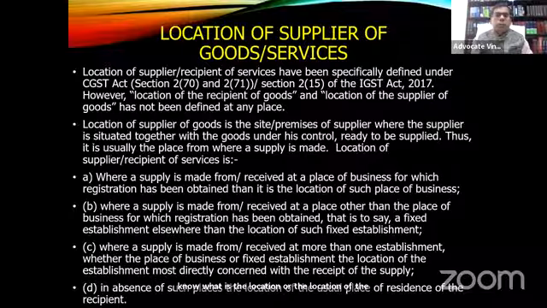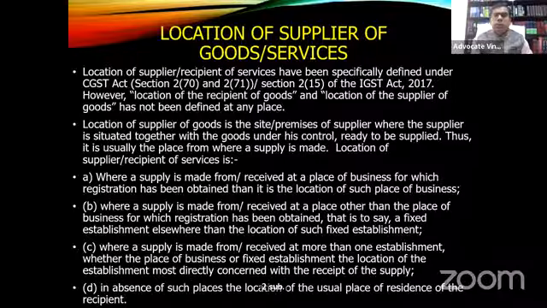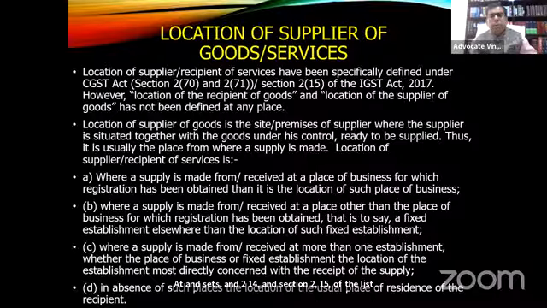What is the meaning of the location of the supplier or the recipient of the supply? While the location of the supplier and the recipient of the supply has been specifically defined in section 2(20) and section 2(71) of the CGST Act and section 2(14) and section 2(15) of the IGST Act, however, the location of the supplier of goods and the recipient of goods is not defined.